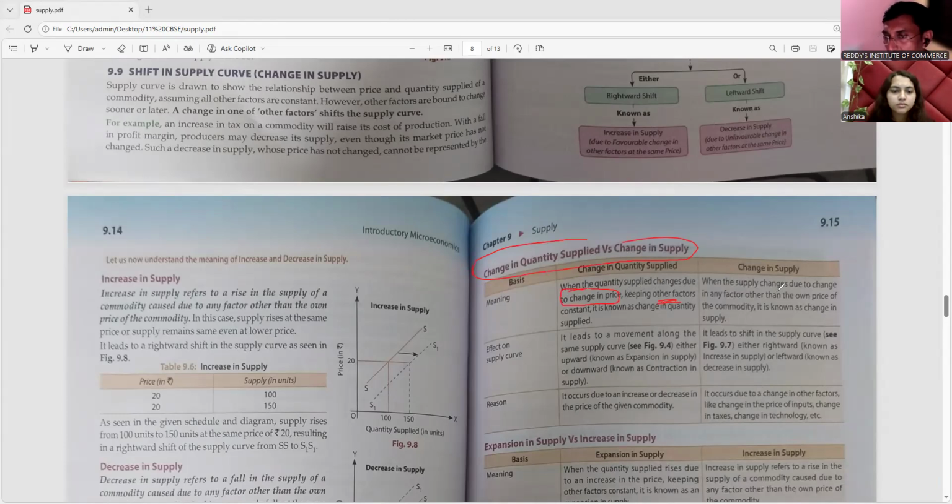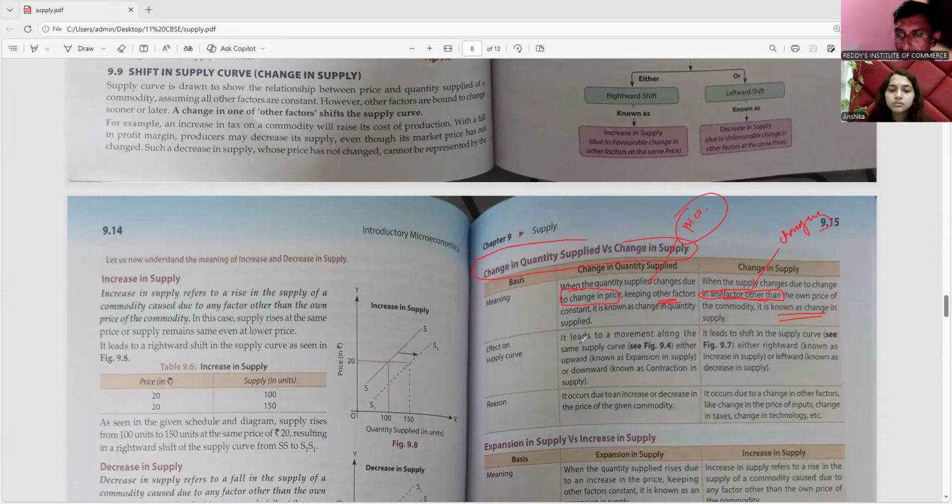Now, when the supply changes due to a change in other factors, other than the own price of the commodity, it is known as change in supply. In this case, other factors are changing, but in the other case, price is changing, while other factors remain constant.